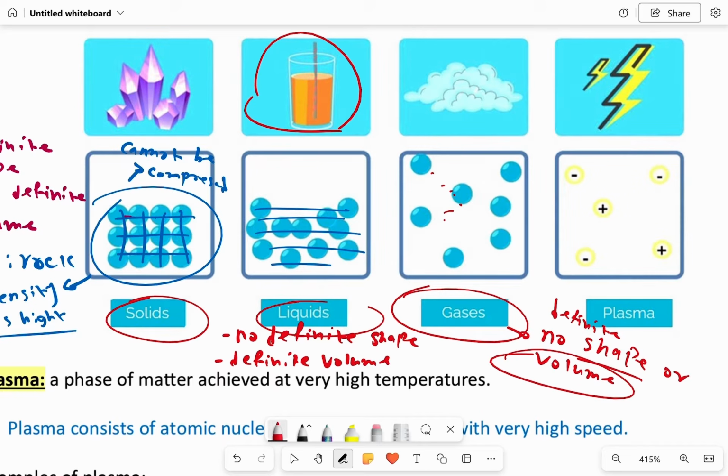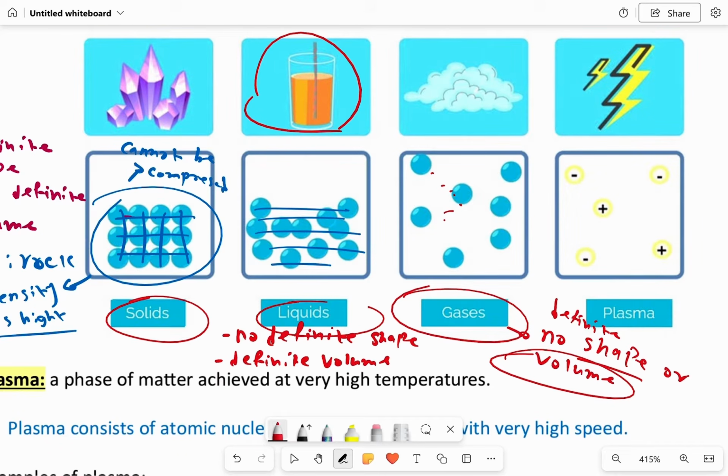They have the lowest density, careful, gases, they have the lowest density, but they have the highest compressibility. Remember the example of a balloon. You can squeeze the balloon very easily. Why? Because there is a gas in the balloon, okay? And the distance between the atoms is high, so you can compress them very easily.